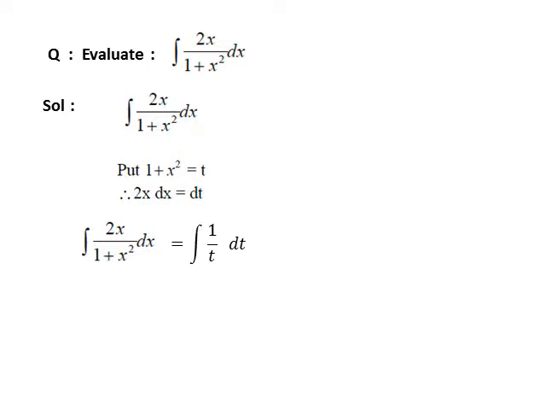In place of x, we have variable t. So, integral of 1 by t with respect to t equals log mod t plus c. In the next step, replace t by 1 plus x square. So, we get integral of 2x upon 1 plus x square with respect to x equals log mod 1 plus x square plus constant c.